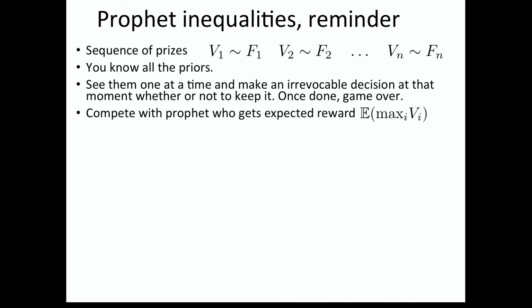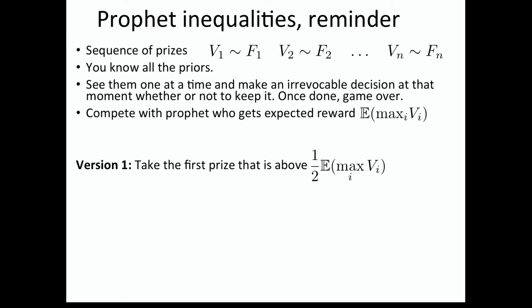What you're trying to do is do well compared with a prophet who gets to see all the values in advance and would therefore have an expected reward which is the maximum of the values. Matt described a very simple algorithm that guarantees a competitive ratio of 2: compute the expected maximum and take the first prize that is above half of that.